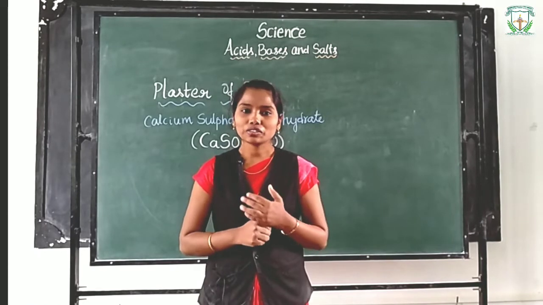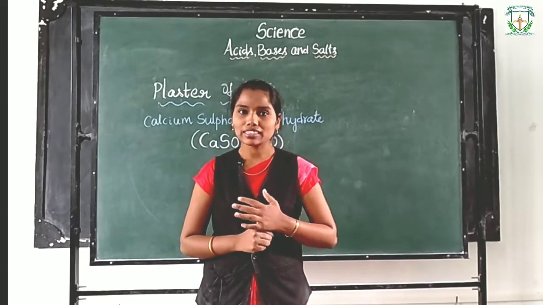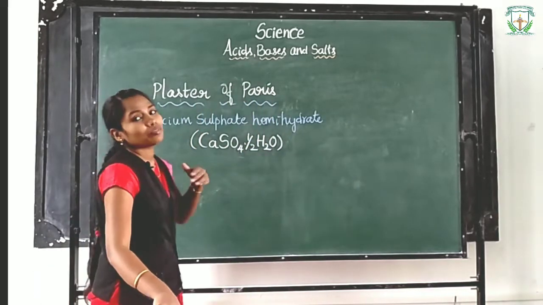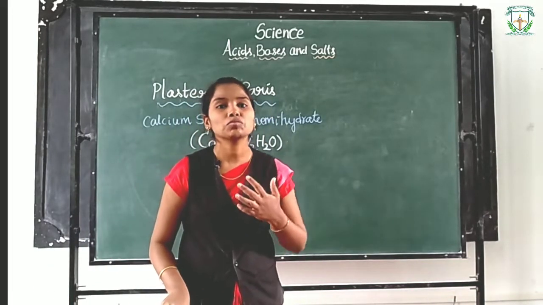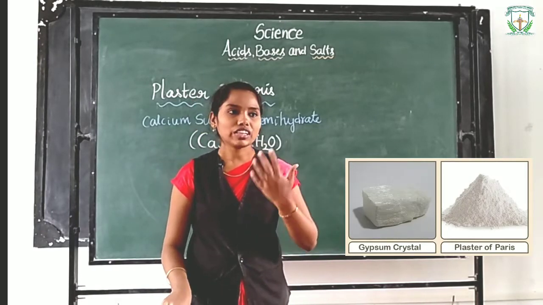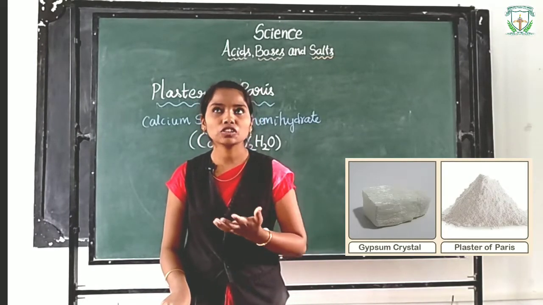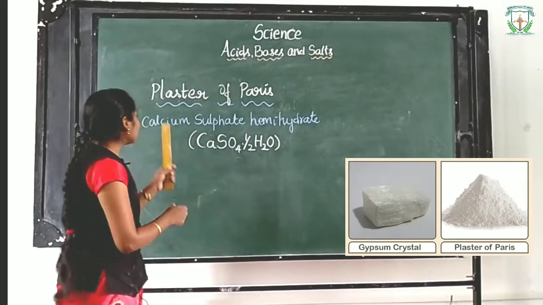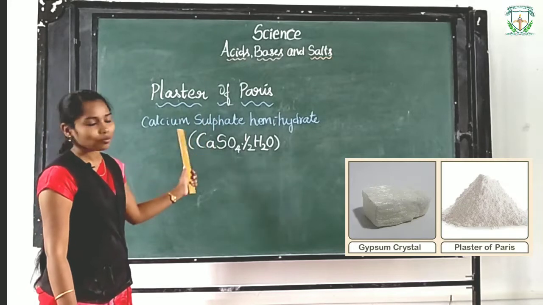Children, now we are going to see how plaster of Paris is manufactured. Plaster of Paris is manufactured by heating the gypsum salt, that is calcium sulfate dihydrate. When this gypsum salt is heated at 373 Kelvin, plaster of Paris is produced.